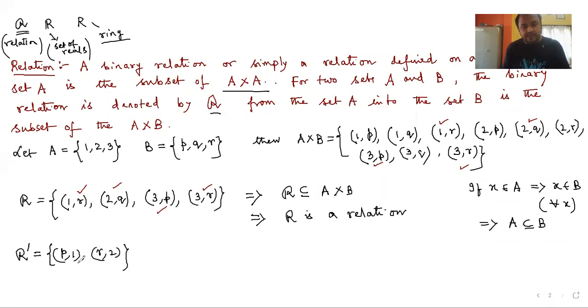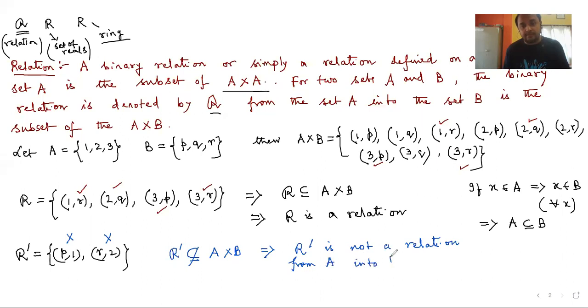Obviously, you can see that none of these elements are members of A cross B. This is not a member of A cross B. This is not a member of A cross B. So according to my current scenario, R prime is not a subset of A cross B, and therefore, as I have defined, R prime is not a relation from capital A into capital B.